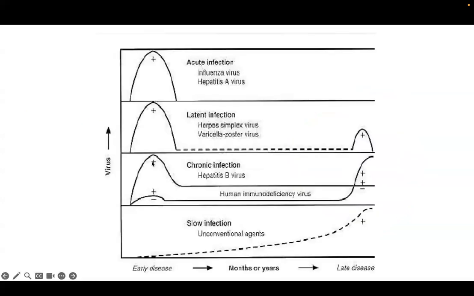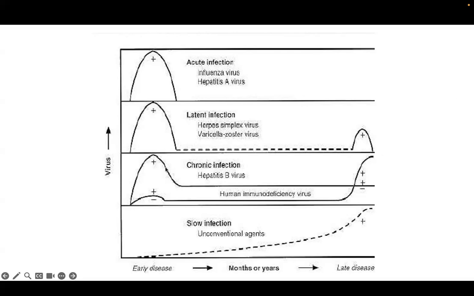So if you want to put everything on a graph, this is the amount of virus, and this is the disease stage, or the time, in months or years. Acute infection happens when a virus comes in, there's a recovery phase, and that's it. You don't have it anymore. Latent infections, for example herpes: you have a virus infection and then you have nothing. It's undetected, which is why it's dotted, and suddenly it pops up again, then goes undetected and pops up again.